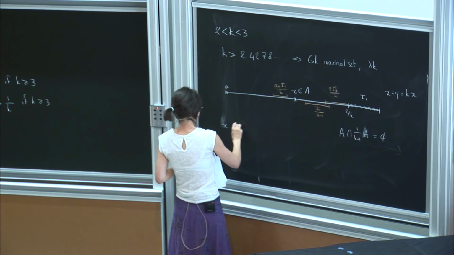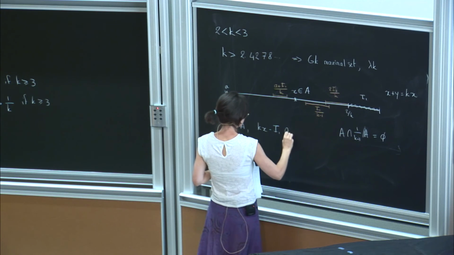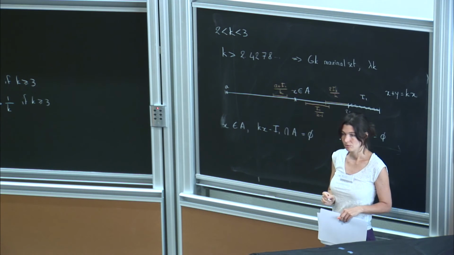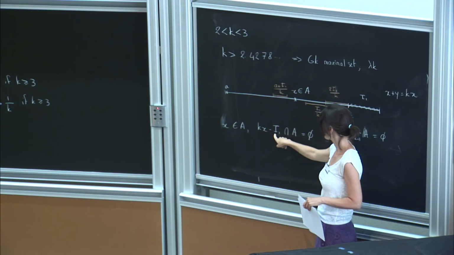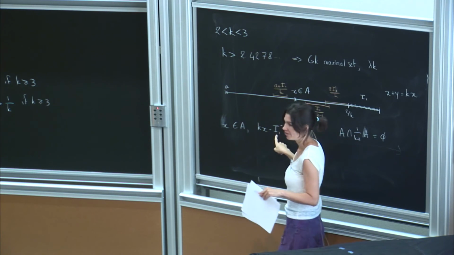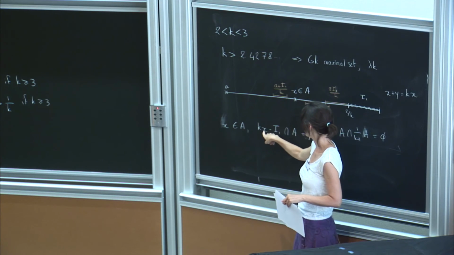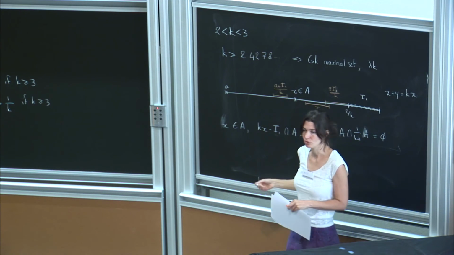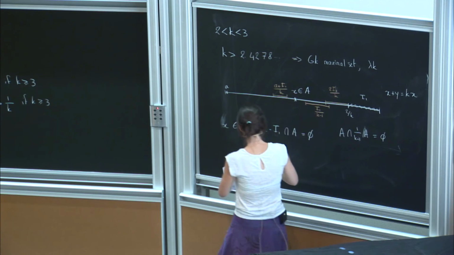So if x is in A, then kx minus I1 is intersection 3 with A. Because if you take an element of I1, this is an element of A, and so you will have that kx minus y is equal to z, and that's a solution to the forbidden equation.